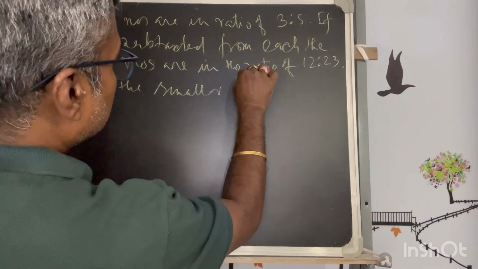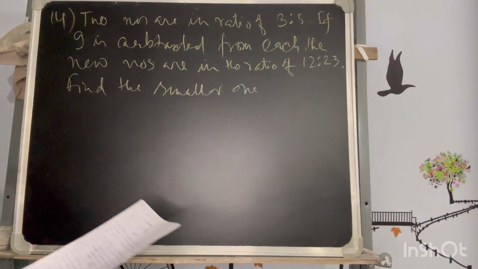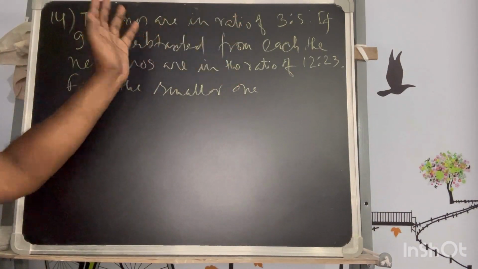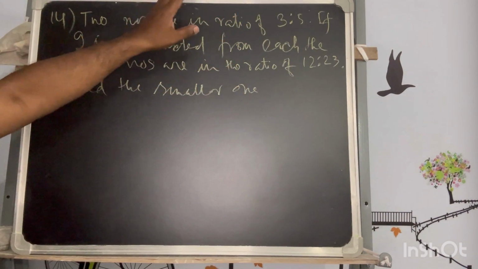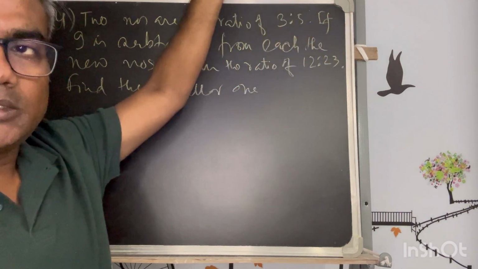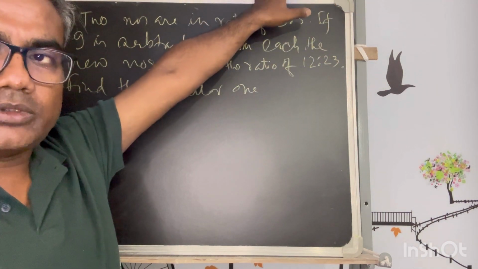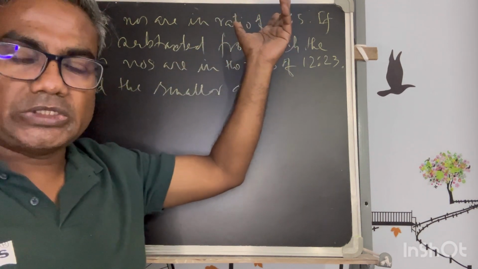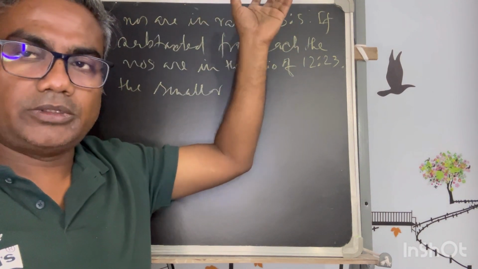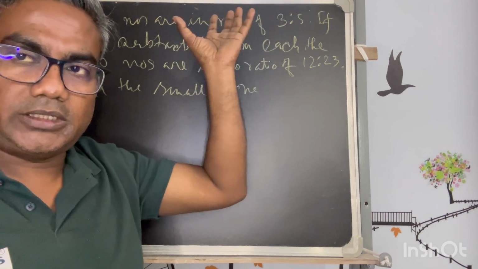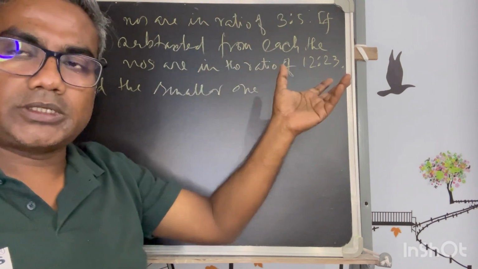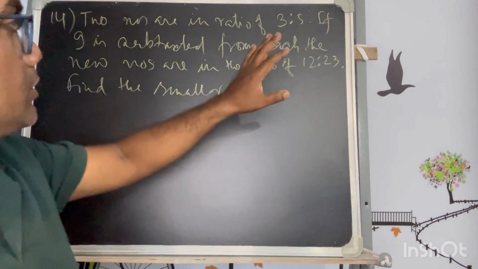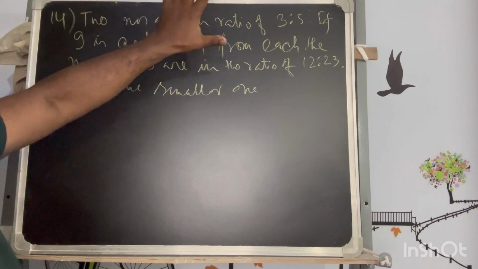Okay. This kind of problem we have already seen earlier, but there two numbers were in some ratio and then something was added. As in the case of milk and water, we got some mixture quantity, initially milk and water in some ratio, then some water was added. So this is of a similar kind, but the total is not given.